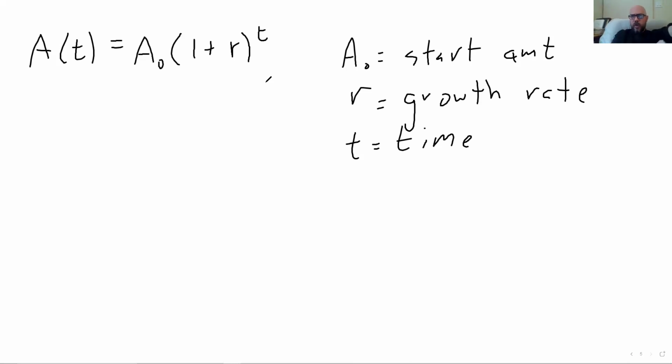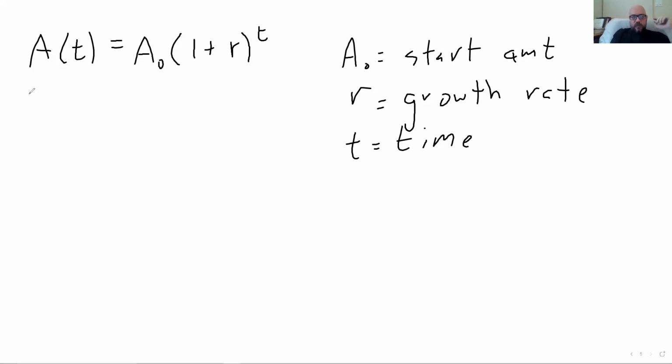Which happens actually quite a lot as well. We're going to do an example with nuclear decay in a little bit, but R can be either positive or negative. This is not just for money. That's why I didn't call this P. I called it A0 for starting amount. Don't think of the zero as multiplying. It's just a subscript to identify that it's starting at time 0, basically.